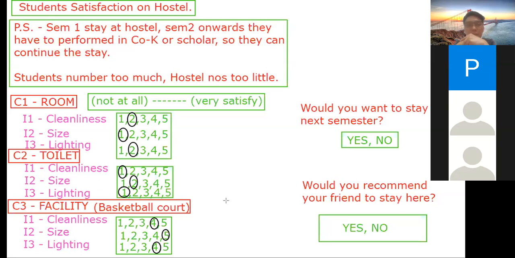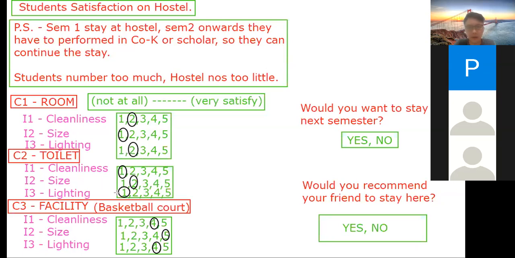That one is for the size. Size of what? Size of the room and toilets. No, size of toilet is called 2. The last three shall be this: size of room, cleanliness of toilet, lighting of toilet. These are the last three.